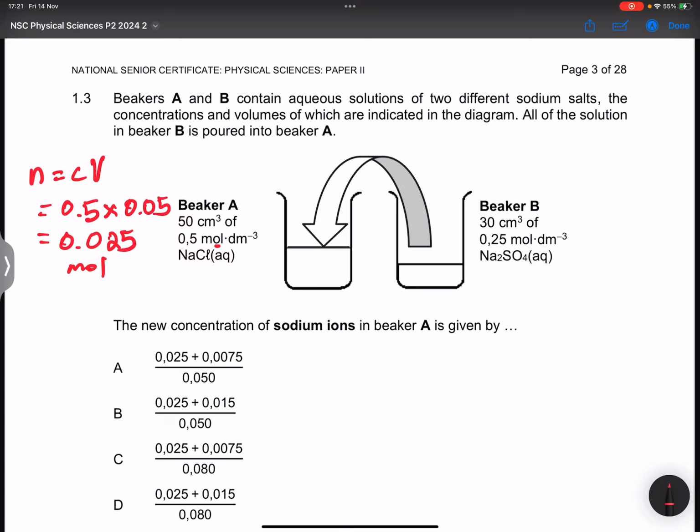Now I want you to note sodium chloride only has one sodium for every sodium chloride compound or molecule. Which means the number of moles of sodium ions will be equal to the number of sodium chloride molecules that you've got. Okay, for every one there's one.